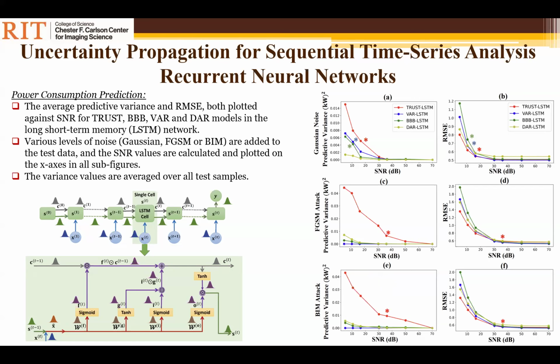We also plot the variance under different levels of noise that are more suitable for sequential data, and we notice similar behavior. When there is a high level of noise, the variance of the model increases. And the star refers to the statistical increase when we run the Wilcoxon signed-rank test.